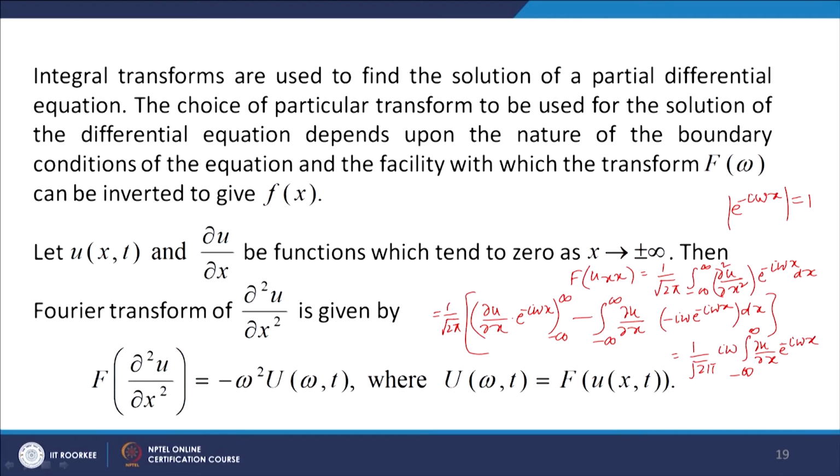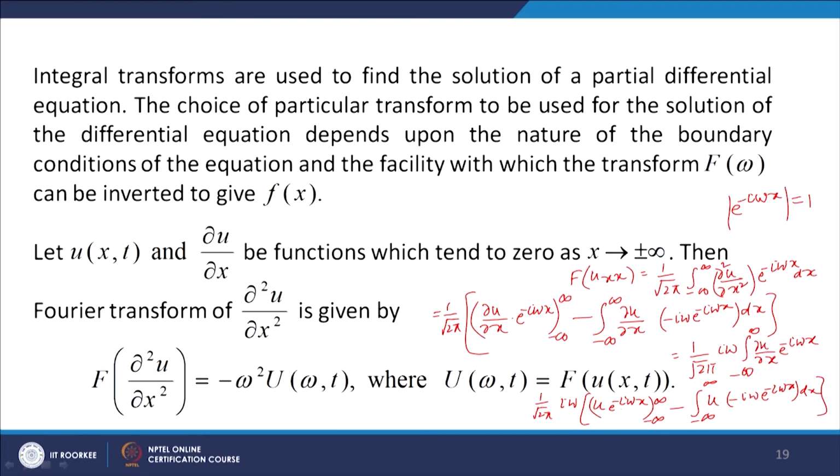Let us integrate once more. So, 1 over root 2 pi, i omega, when we integrate once more, we get u into e to the power minus i omega x from minus infinity to infinity, and then minus the integral from minus infinity to infinity of u times minus i omega e to the power minus i omega x dx.